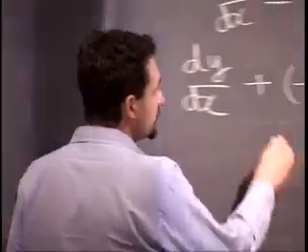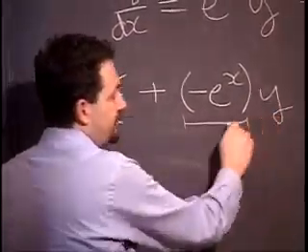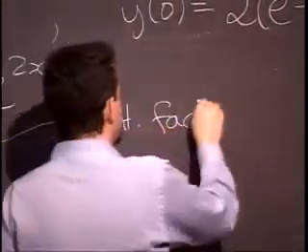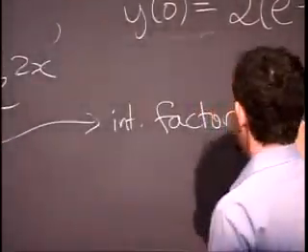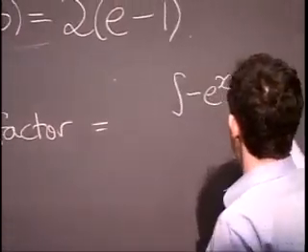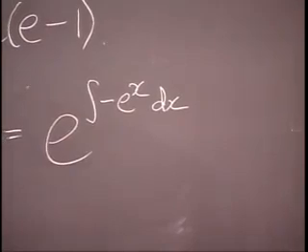I seize the factor outside of the y, and I form my integrating factor over here. All I do is I take that thing, which is negative e to the x, integrate it, and whack this e down. So I'm actually taking e to the power of the integral of minus e to the x.